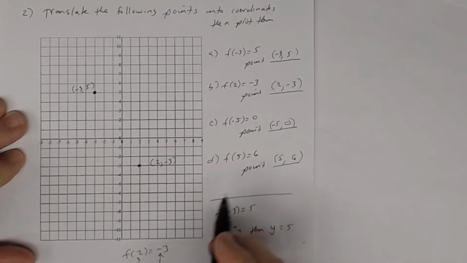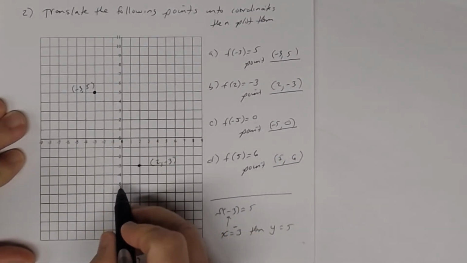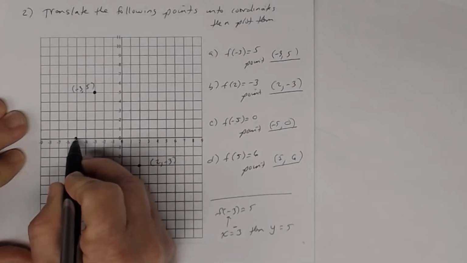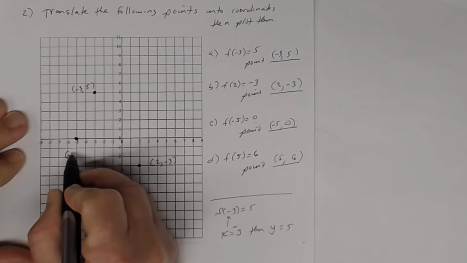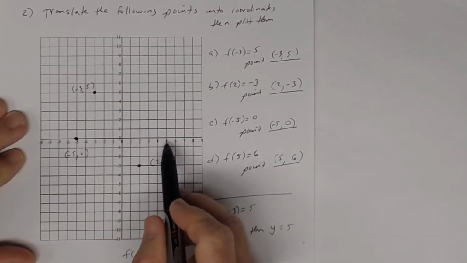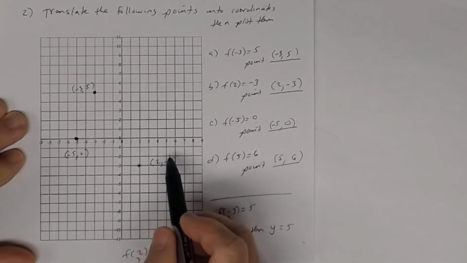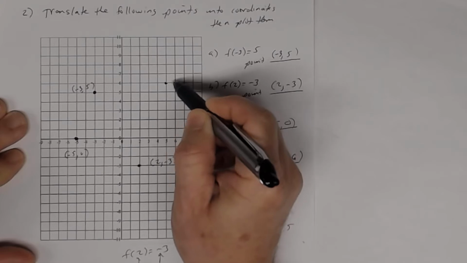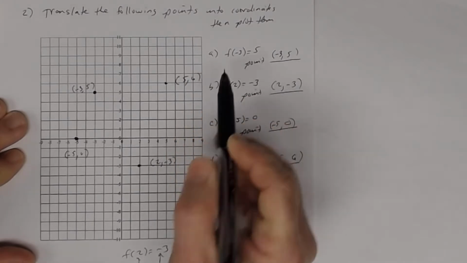The next one is (-5, 0). Oops, sorry. (-5, 0) is right here. X is -5, y is 0. And then (5, 6) is in the first quadrant, and that is right here. So that's (5, 6).